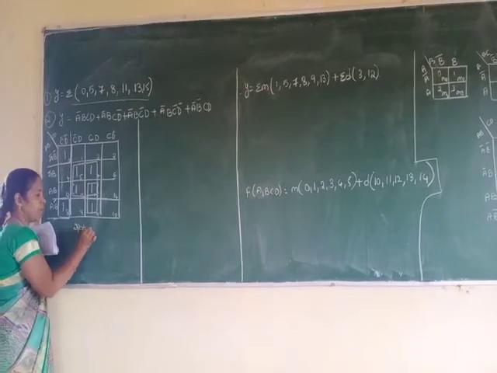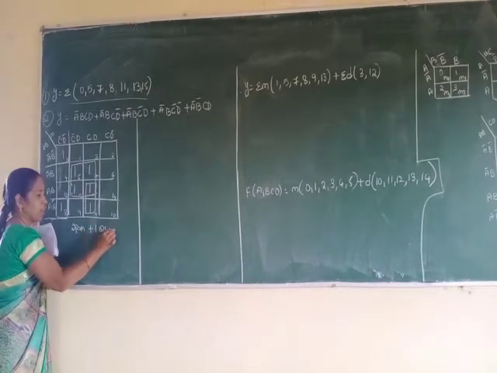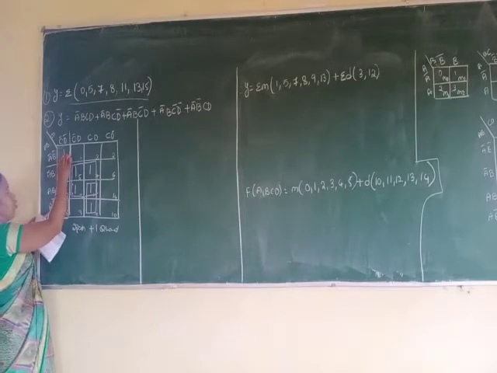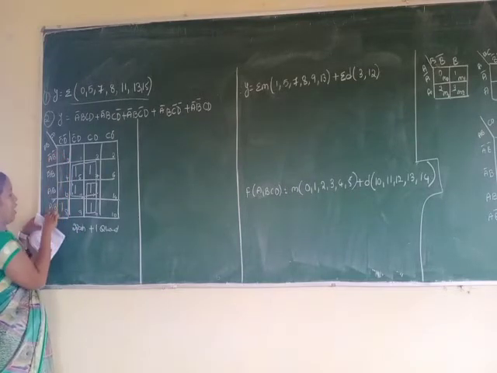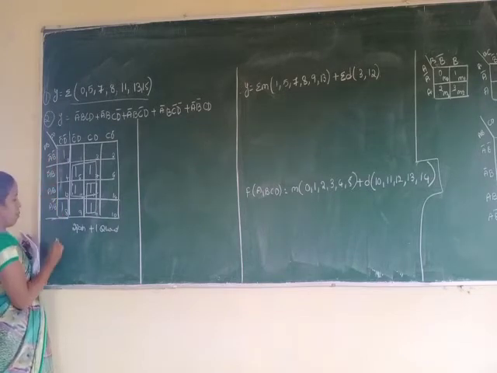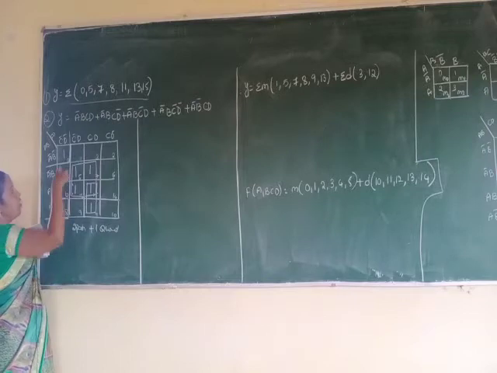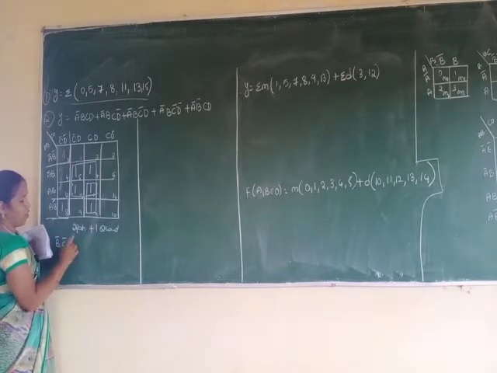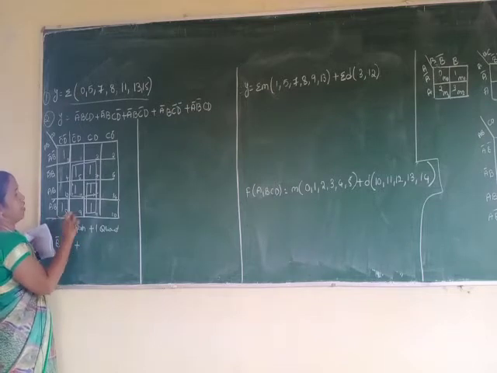So 2 pairs plus 1 quad. For the first pair, what will be the expression? These two: A bar B bar, A B bar. So A bar gets cancelled. What is common here? B bar. And this one is C bar D bar. That is the first pair. Now the second pair, these two.